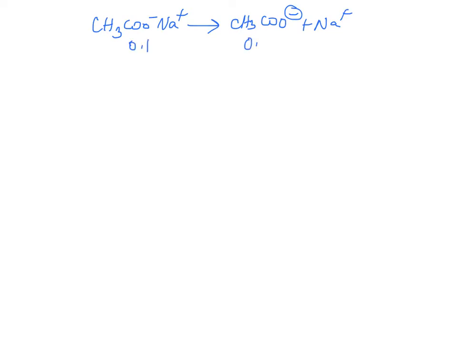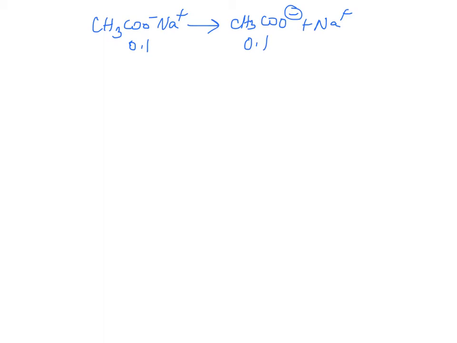Now, I want you to think about what kind of equilibriums we have in this buffer. We have sodium acetate, which was put in water. That means it gives you acetate and sodium. We had taken 0.1, that means acetate is present up to 0.1 molar.